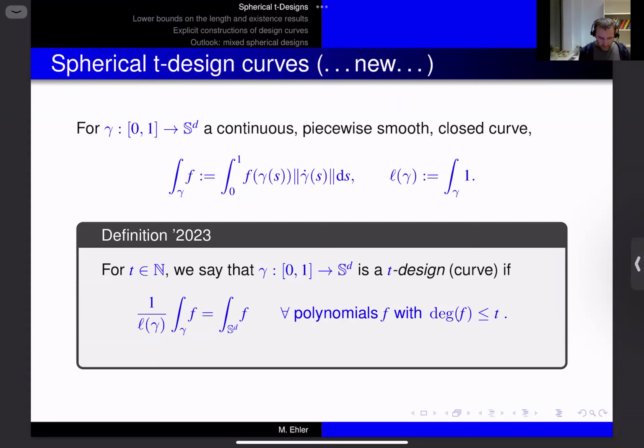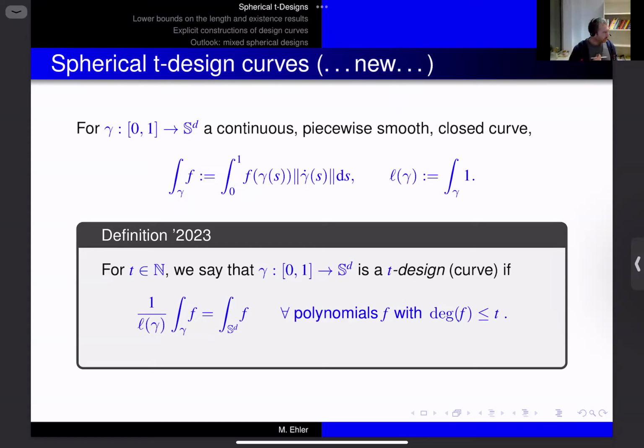That means I integrate over the path gamma all polynomials of total degree at most t, and I normalize it by the length, and then this is supposed to be the same as if I had integrated f over the entire sphere. Okay, well, that's a definition.